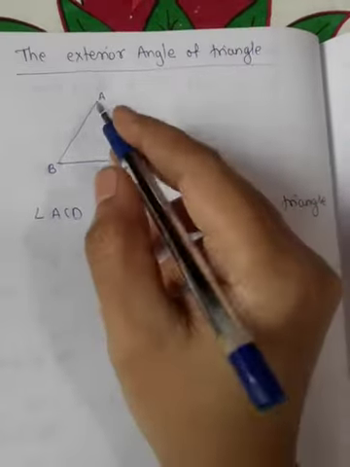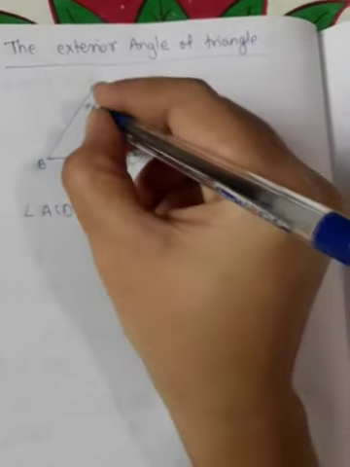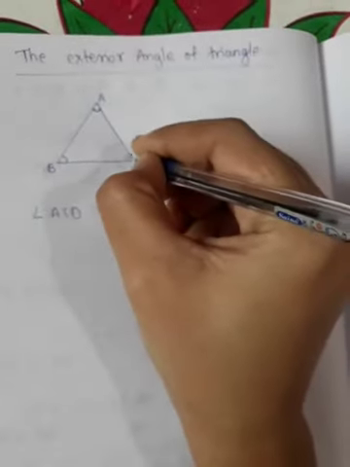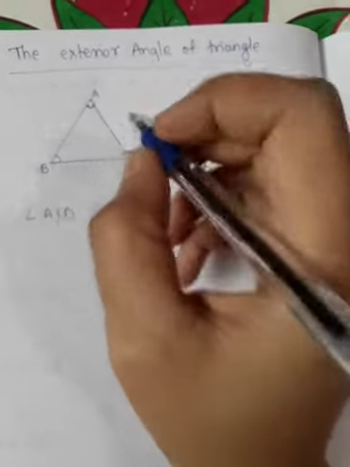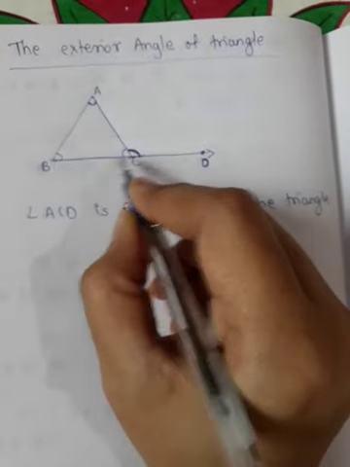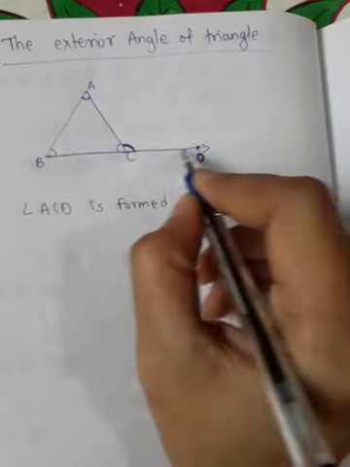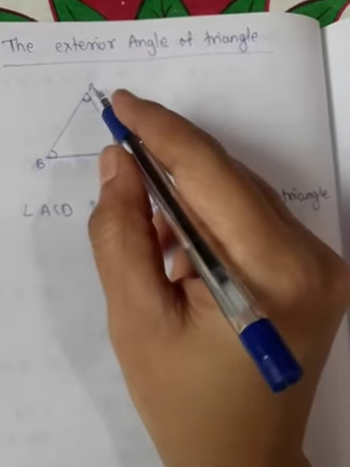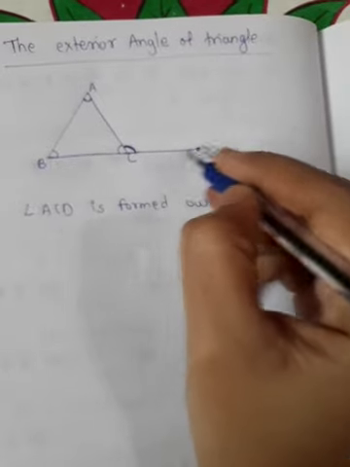First we draw a triangle ABC. What are the interior angles of a triangle? These three are interior, which means they lie inside the triangle. But see, if we extend one side, here we have extended side BC, a new angle is formed, and we have named it angle ACD.